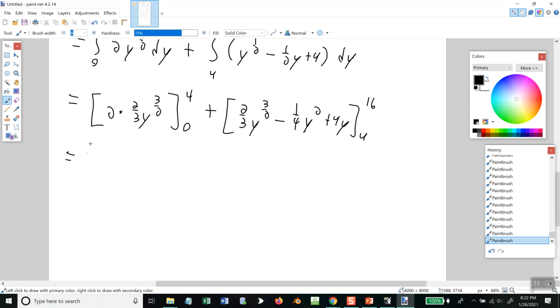This one, 2 times 2/3 is 4/3. If I plug in the 0 it will of course go away, but if I plug the 4 in, 4 to the 3/2 power is the square root of 4, which is 2, to the 3rd, which is 8.